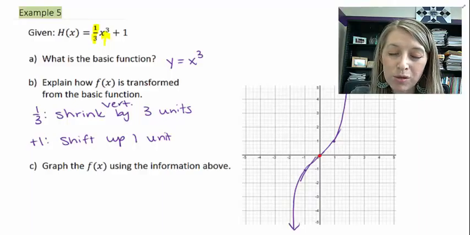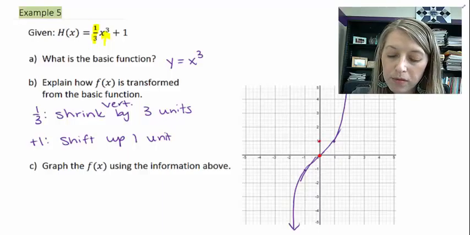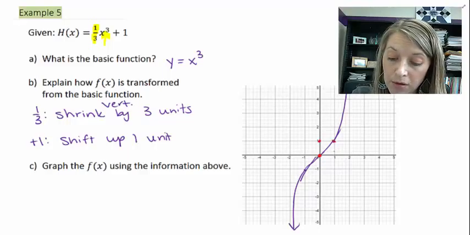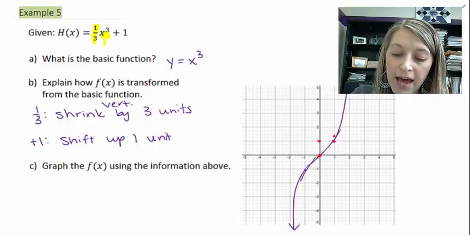So 0 multiplied by 1/3 is still 0, but then I shift it up 1 unit. 1, if I multiply it by 1/3, that gives me 1/3, but then I shift it up a unit, so that goes right here.